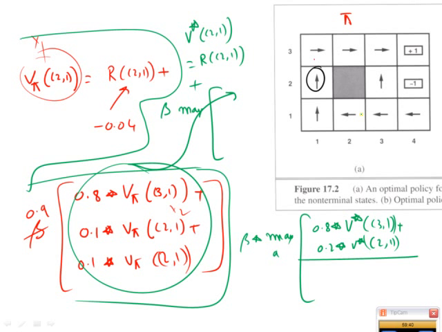Another way is to give some numbers to the values of this policy, and then everybody looks around its neighbors, knows which action it's supposed to do, simulates that action, updates its value function, and keeps doing it until its value doesn't change. It looks just like a Bellman update, except you're not considering all actions, you're only considering the action that you're supposed to be doing.